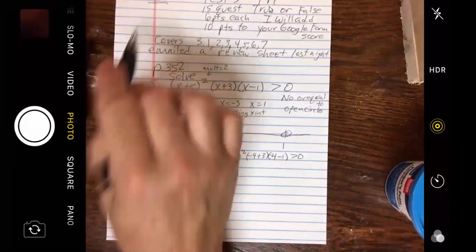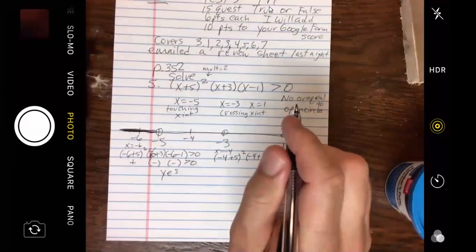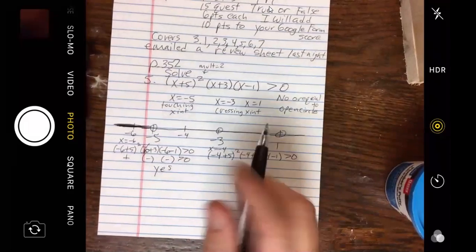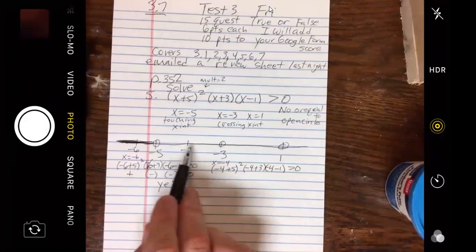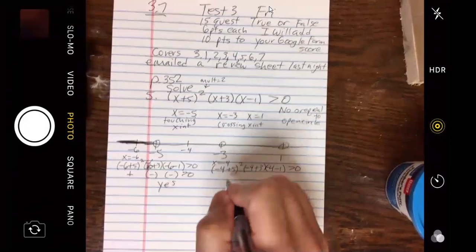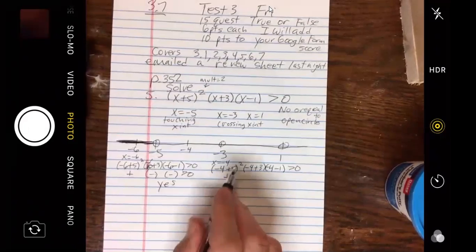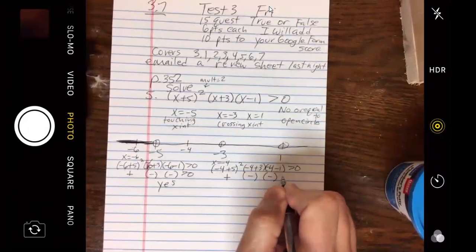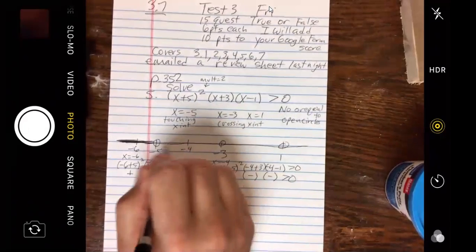I'm just doing number 5 off of 3.7 here. It's got four intervals to check. You can kind of see what I'm doing here. I'm checking this interval for -4. This first piece with that square is always going to be positive, whether you're sticking in a negative or positive number, because the squaring turns it positive. You're still negative there, and negative there, greater than 0, and that works.